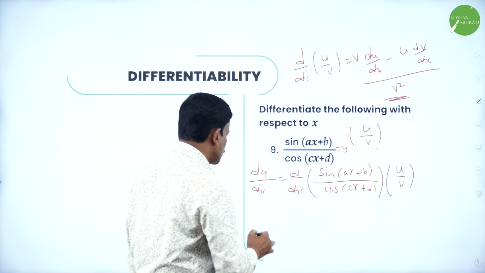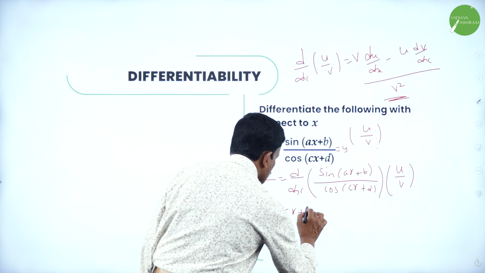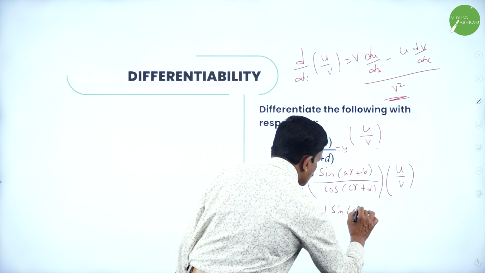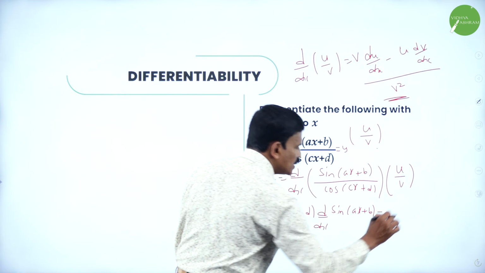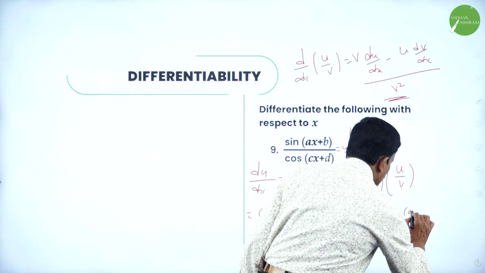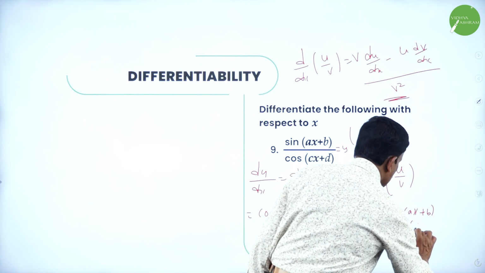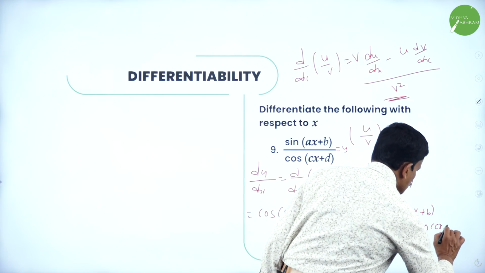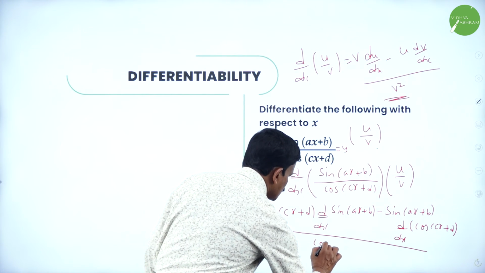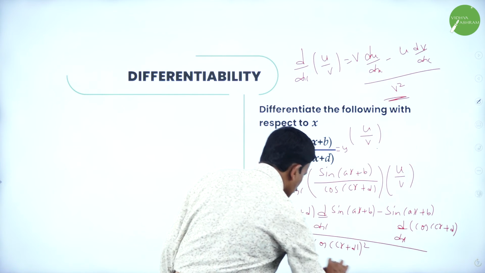Now, denominator cos of cx plus d into d by dx of numerator sin of ax plus b, minus numerator sin of ax plus b into d by dx of denominator cos of cx plus d, whole divided by denominator square. What is denominator square? Cos of cx plus d whole square.